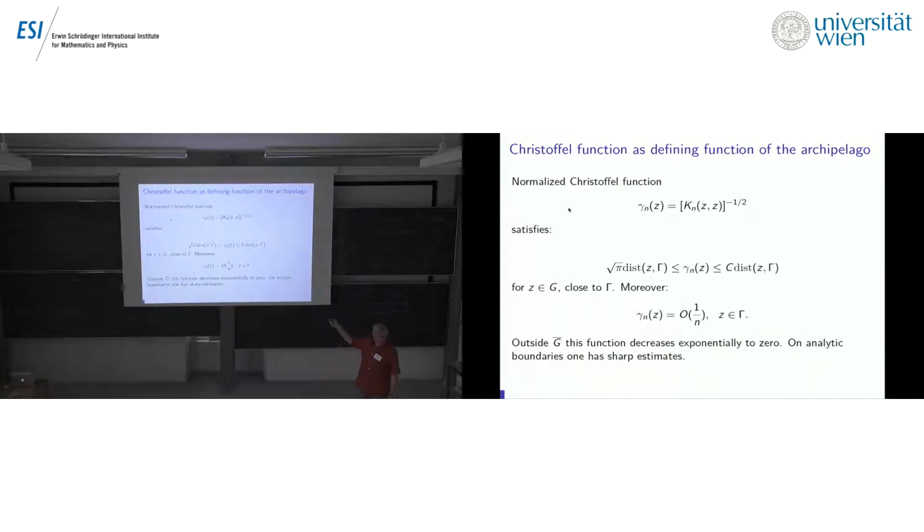So for reconstruction purposes, it's great because you have a distance function inside. Outside it will decay very fast to 0, exponentially. And on the boundary, the estimate is like 1 over n.